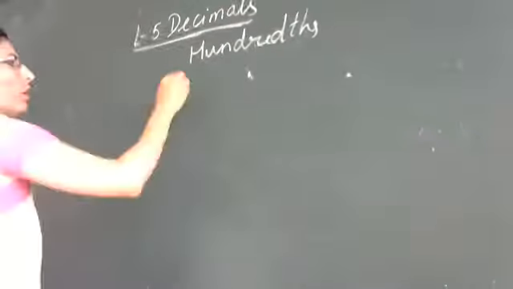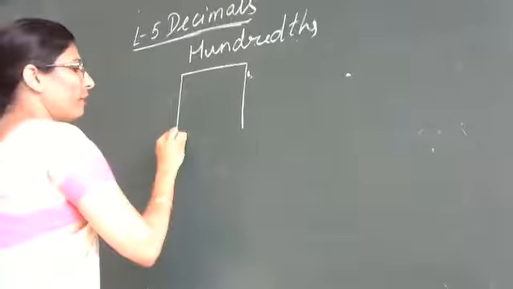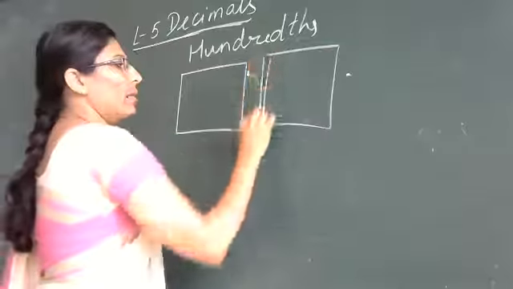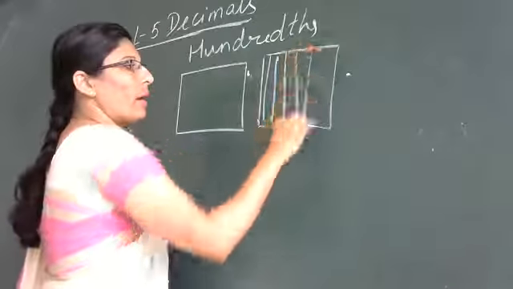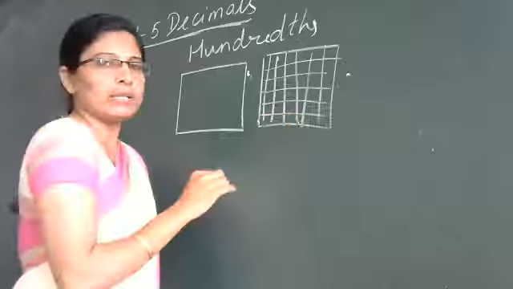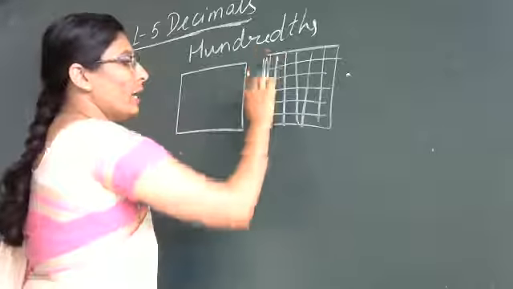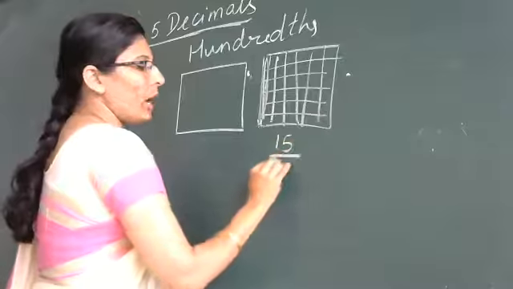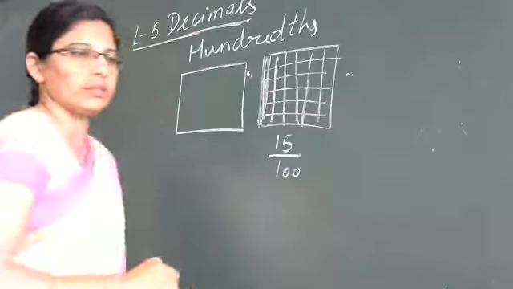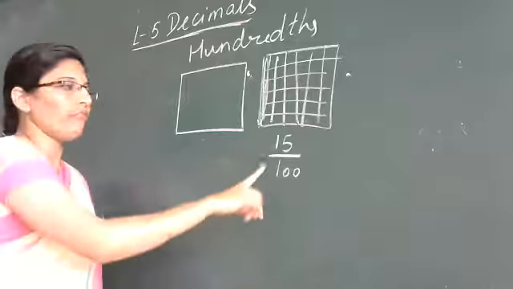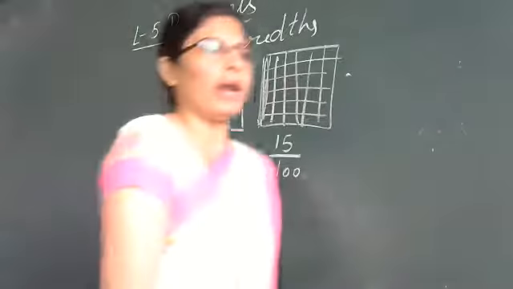Okay. Now, for example, if I make a square and here I make 100 parts. Out of these 100 parts, if I color 15, it will become 15 by 100. Hundredths we are doing, so here 15 by 100.